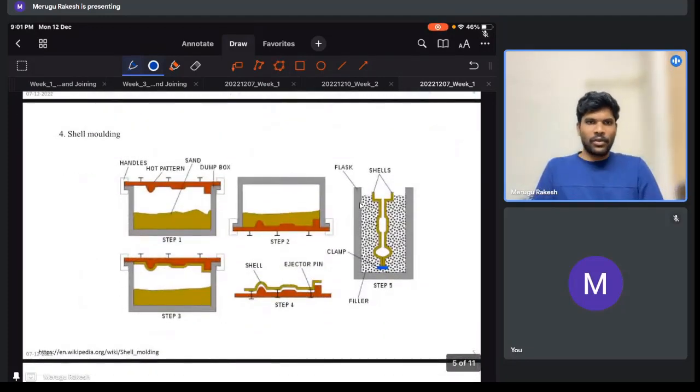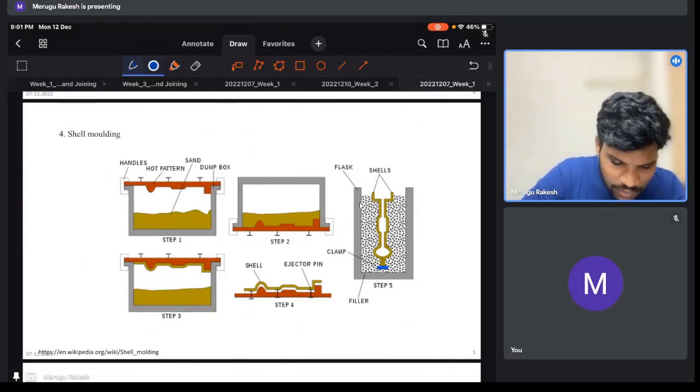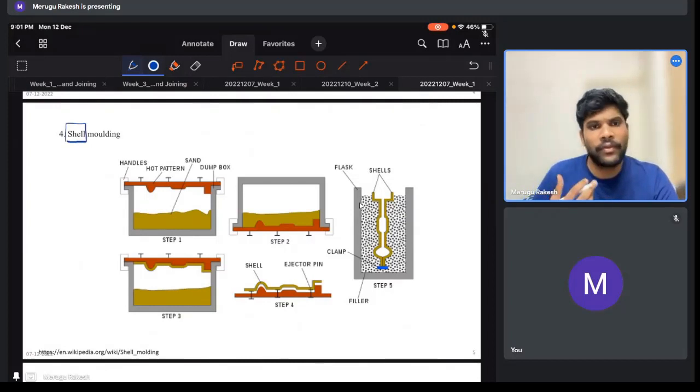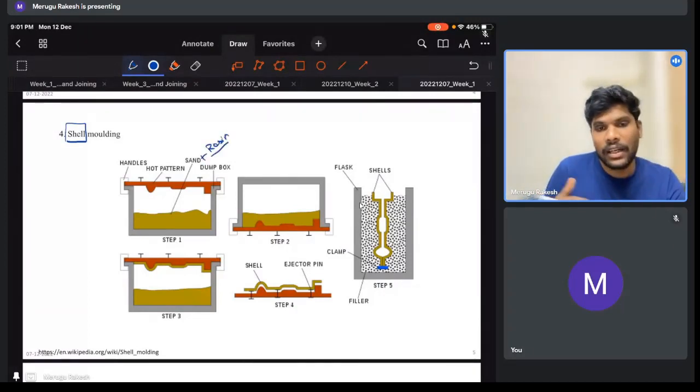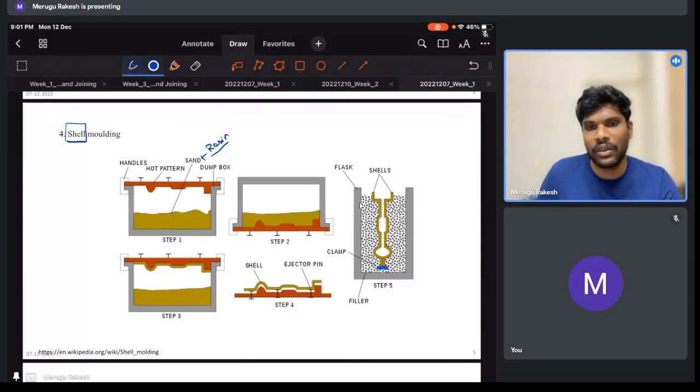So let us discuss the other types of casting. One is shell molding. As you can see, we are using a shell for getting the cavity. Initially we have sand mixed with some type of resin, which will harden when you expose it to a hot plate or similar.